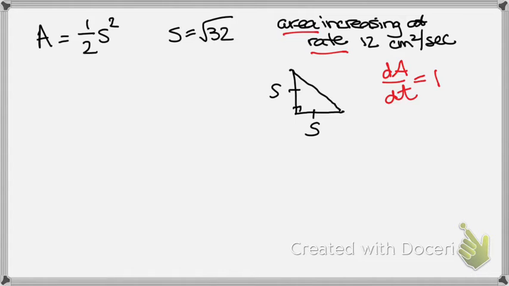That's 12, okay? They're talking about how fast the area is changing, but now read the problem again and look for the rate that they're asking about. Remember, when there's more than one rate going on, this is a related rates problem where you do the derivative with respect to time. Just to remind you, when you do the derivative of an A, you tack on a dA/dt. When you do the derivative of an S, you tack on a ds/dt. It's like implicit differentiation.